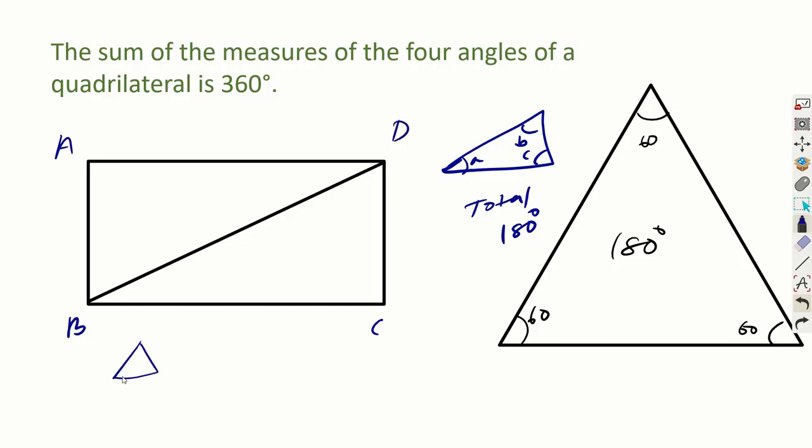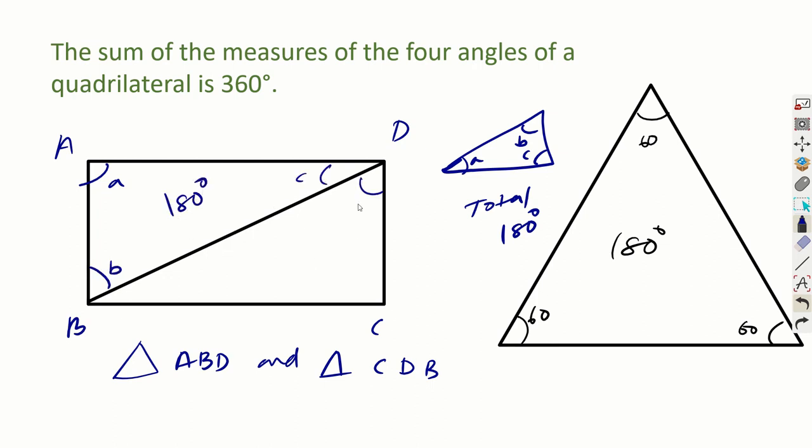There are two triangles here. Triangle ABD and triangle CDB. And if you sum up this A angle, B angle and C angle, the total will be 180 degrees.